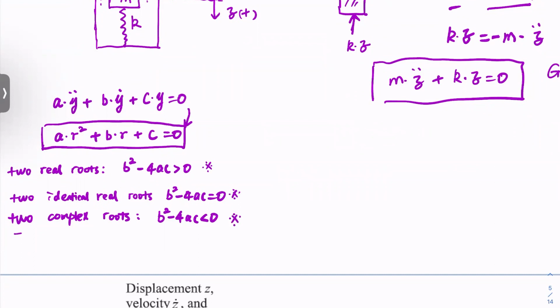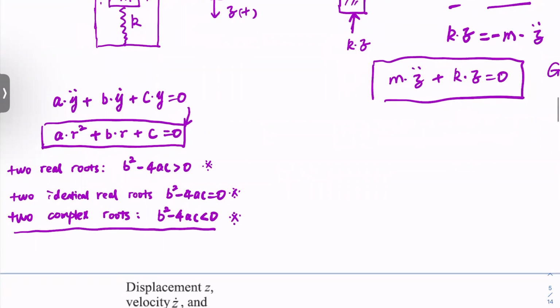But I want to remind you that for this case, if you have two complex roots, and your roots are alpha plus or minus beta times that beautiful complex number i, then the general solution is what?